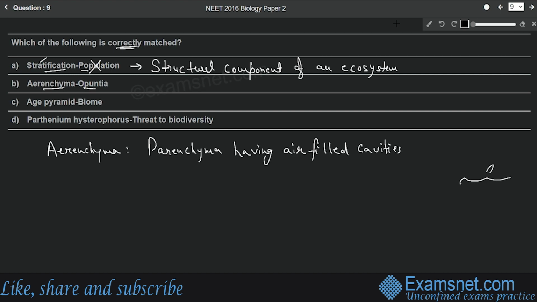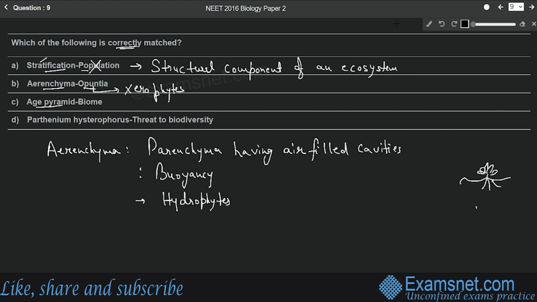So if the plant is in water, it is an aquatic plant, then it will provide buoyancy to this plant and prevent it from sinking under the water. So we can say that this is a characteristic of an aquatic plant, or more specifically hydrophytes. And here it is matched with opuntia, which is not a hydrophyte, instead it is a xerophyte. Xerophytes are those plants which grow in dry condition, not in aquatic condition. So this is also not a correct match.